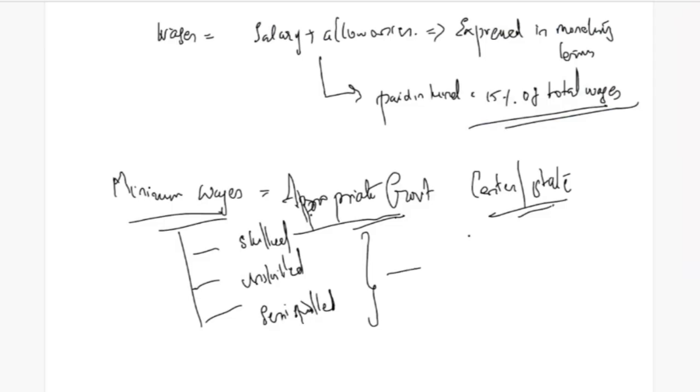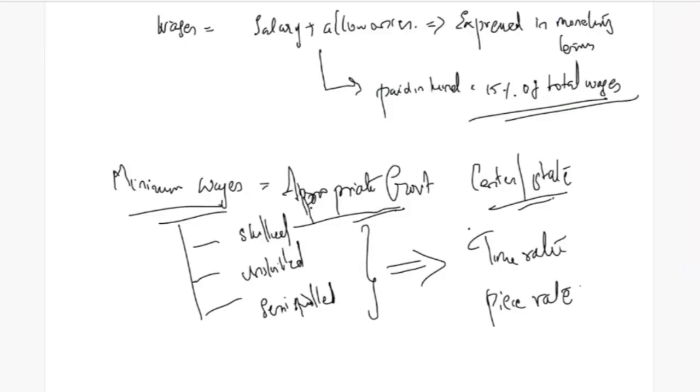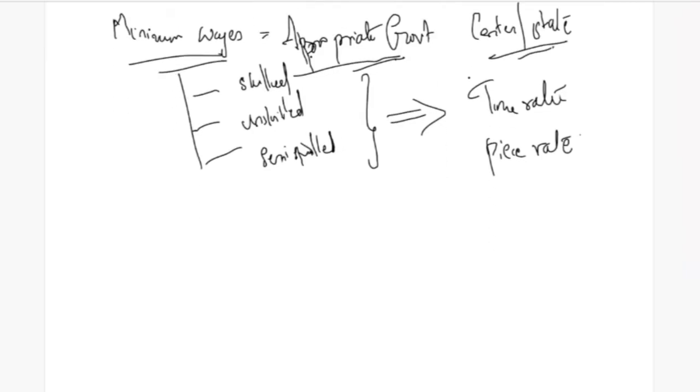In cost accounting we saw 2 types of wages. One can be on time rate basis, another one will be on piece rate basis. So in both cases minimum wages will have to be fixed. The government will fix minimum wages based on time rate, and dividing the time rate they will arrive at the piece rate.